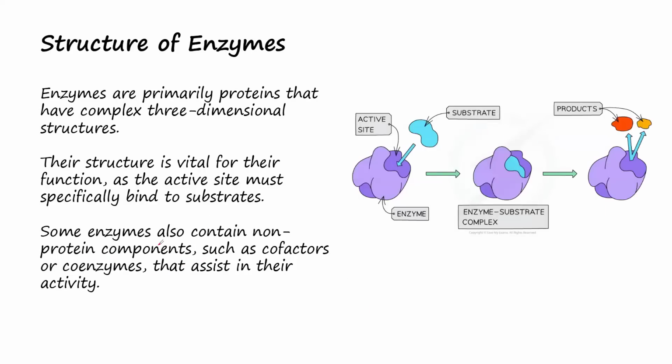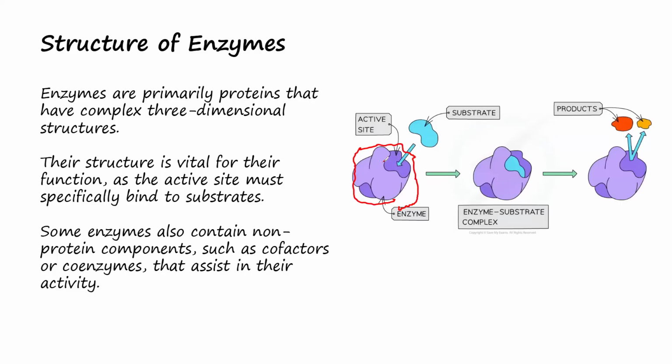So, ladies and gentlemen, now let's look at the structure of the enzymes. Generally, enzymes are primarily proteins that have a complex three-dimensional structure. This is a typical example of a complex three-dimensional structure of an enzyme. And in the enzyme, it has what we call an active site.